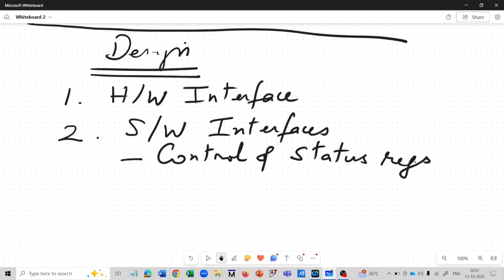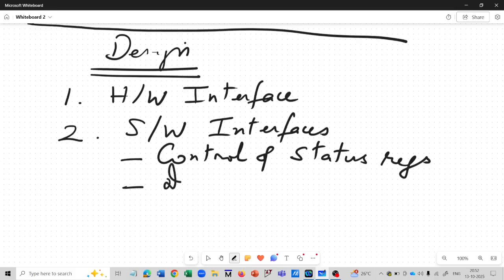If the processor wants to initiate a data transfer to the device, it writes some control word into the control register. And on completion of the transaction, the interface controller will update certain status bits in the status register. So the software interface consists of these registers, which are used for control and monitoring of the status of different transactions.